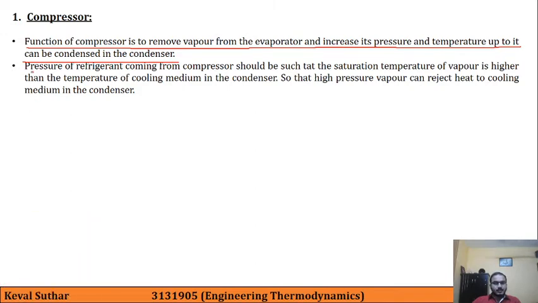The pressure of refrigerant coming out of the compressor should be such that the saturation temperature of vapor is higher than the temperature of cooling medium in the condenser, so that high pressure vapor can reject heat to the cooling medium in the condenser.